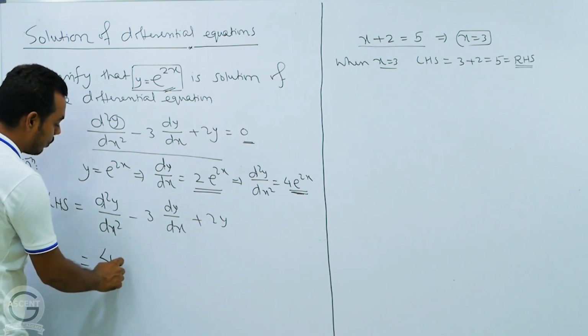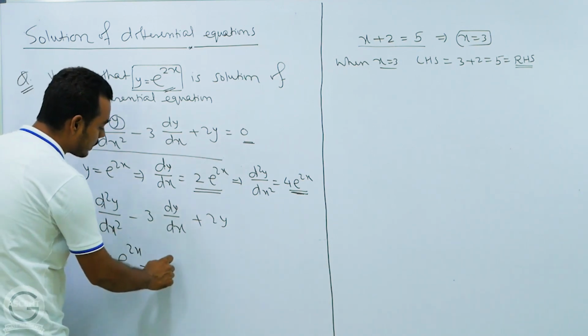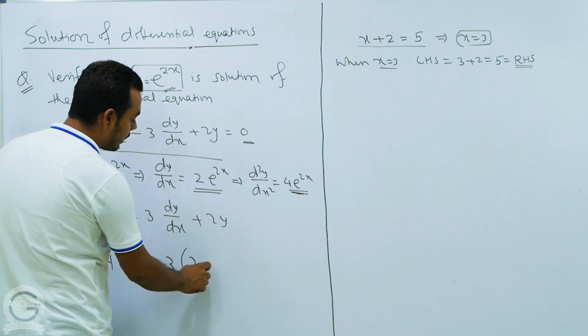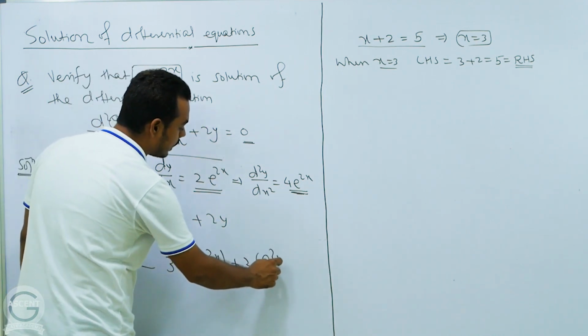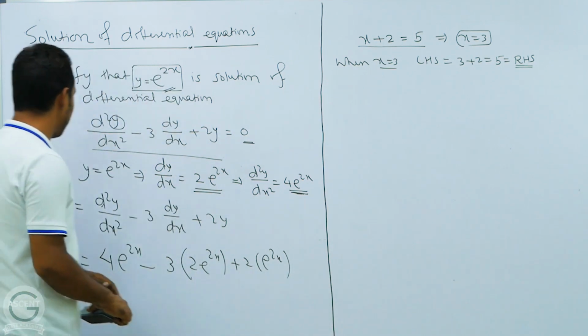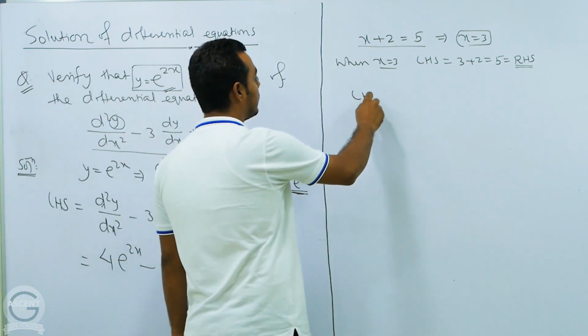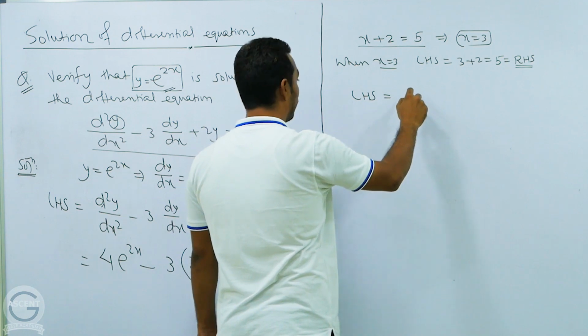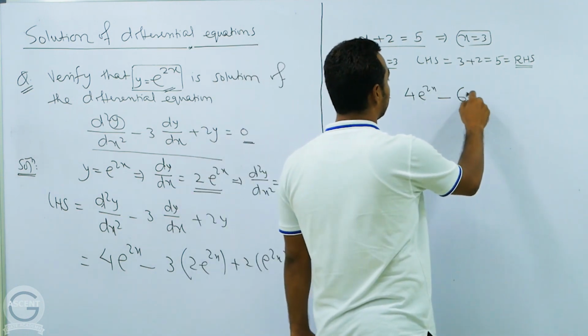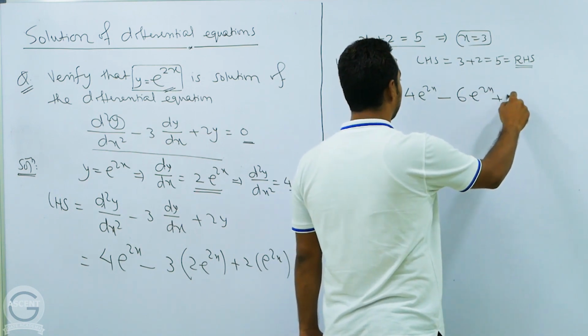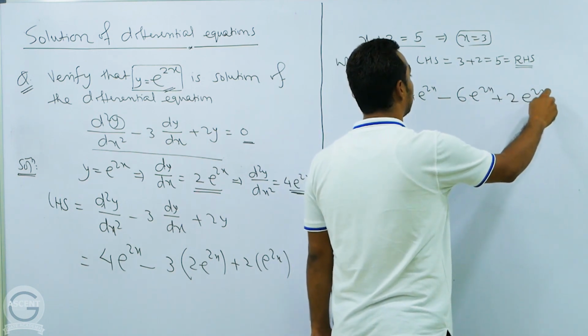So this will be 4 e to the power 2x minus 3 times dy by dx, which is 2 into e to the power 2x, plus 2 times y, which is e to the power 2x. So the left hand side is 4 e to the power 2x minus 3 into 2, 6 e to the power 2x, plus 2 into e to the power 2x.